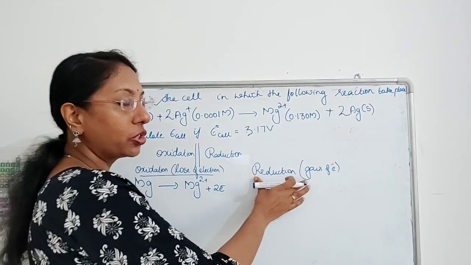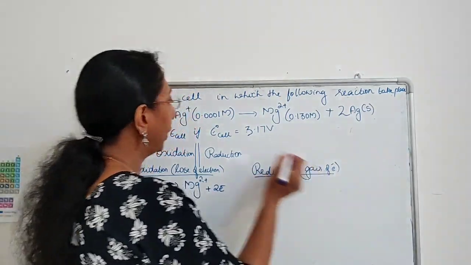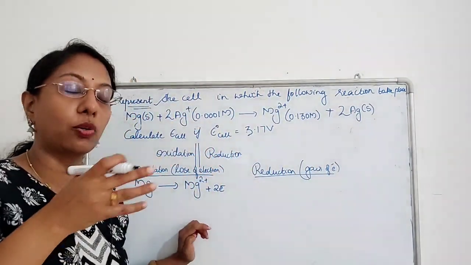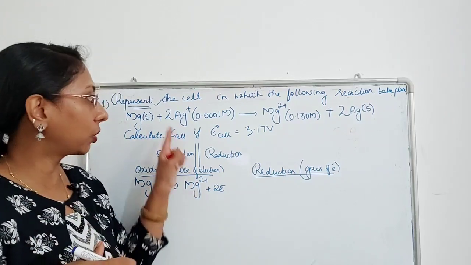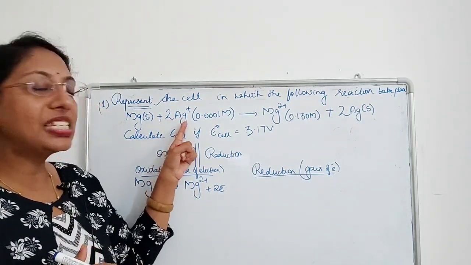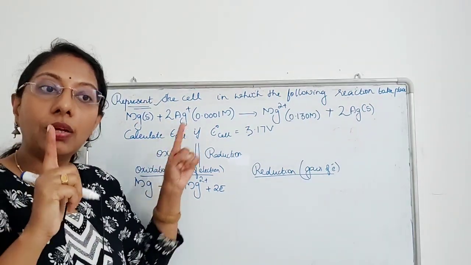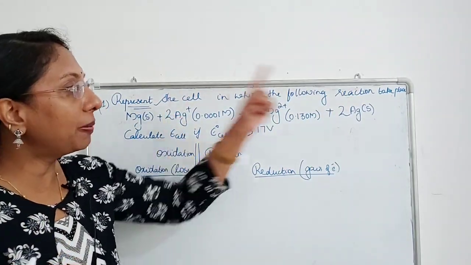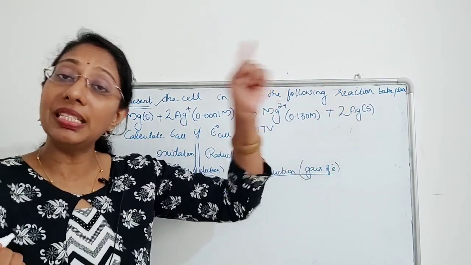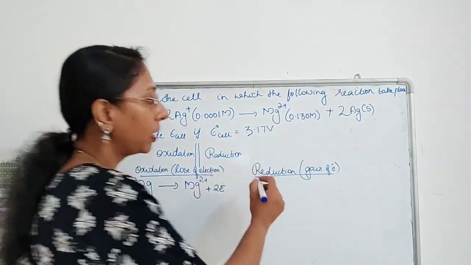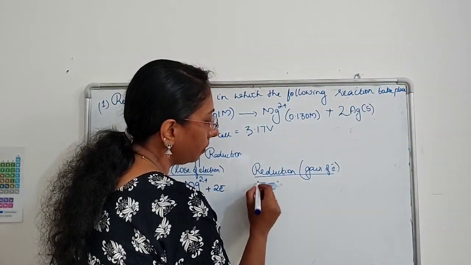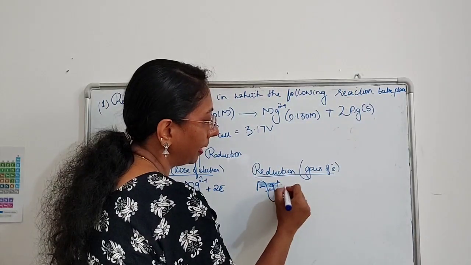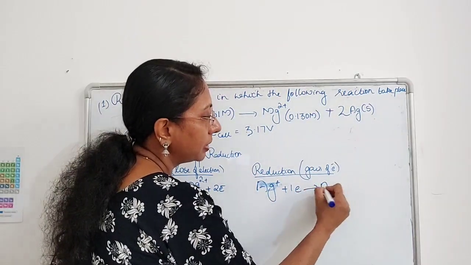Now reduction. Reduction is the gain of electron, so some ion has to gain an electron. We can look at Ag+. Ag+ is one electron deficient. So Ag+ is converted into Ag, which means it has gained the electron: Ag+ plus 1 electron gives Ag.